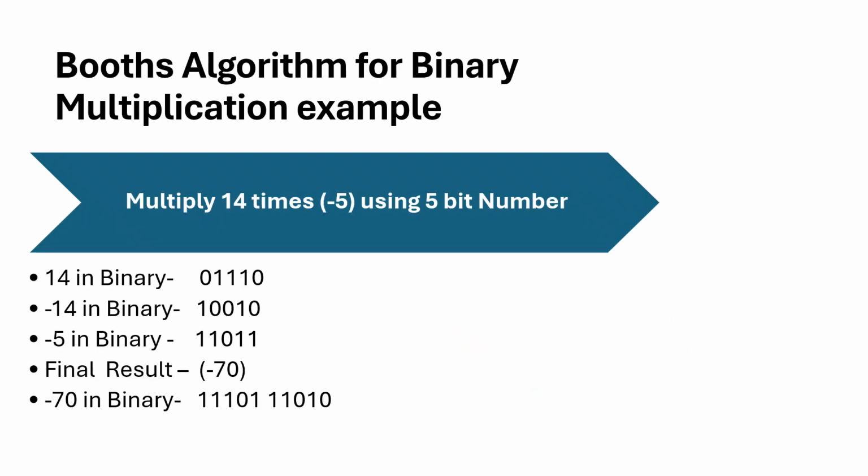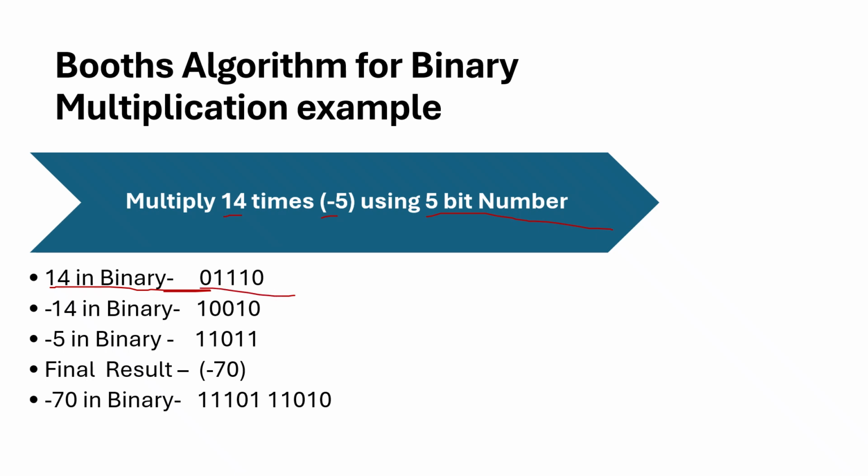Let us walk through an example to see Booth's algorithm in action. So we are multiplying two decimal numbers, which are 14 and minus 5, within 5-bit numbers. Initially, 14 is the multiplicand, so we write the binary of 14, which is 0 1 1 1 0.